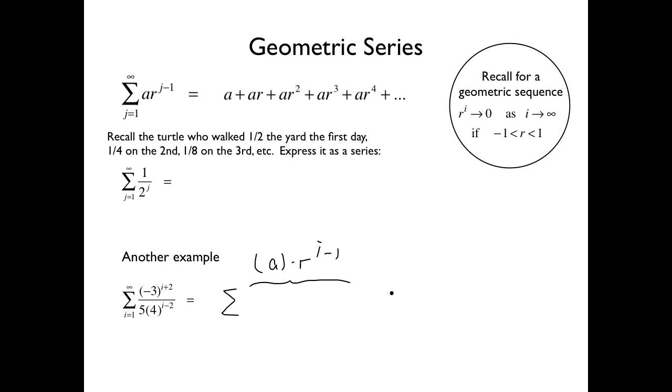Okay, so what's our r value going to be? First, we've got to figure out what r is. A is going to take some time to get. What is r? Do you see that r should be negative 3 over 4?